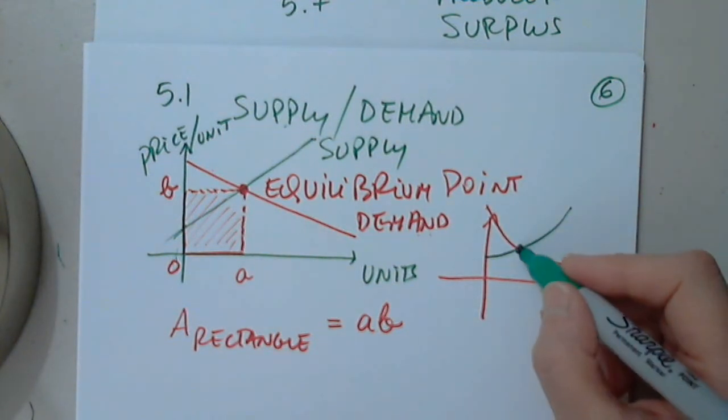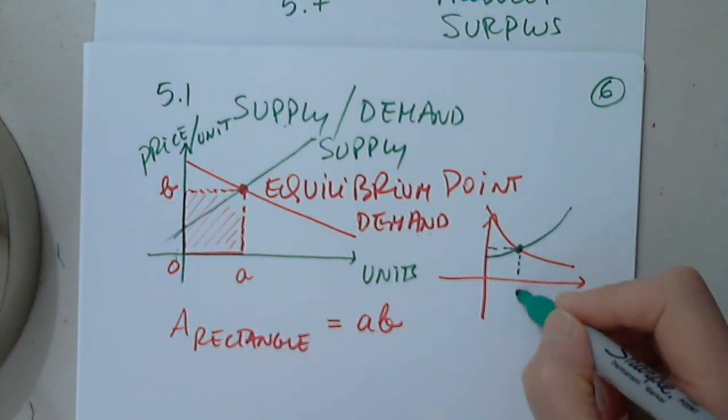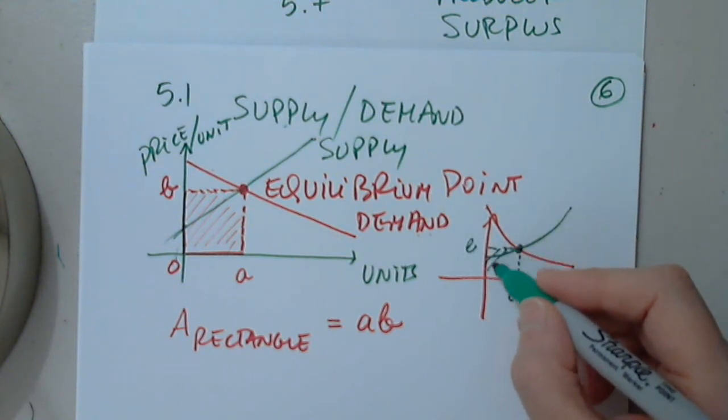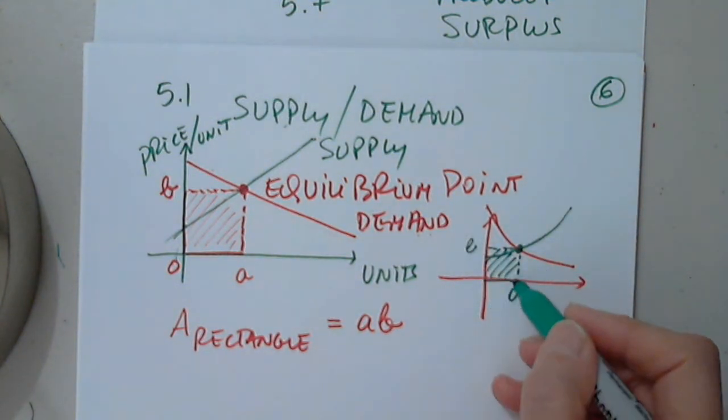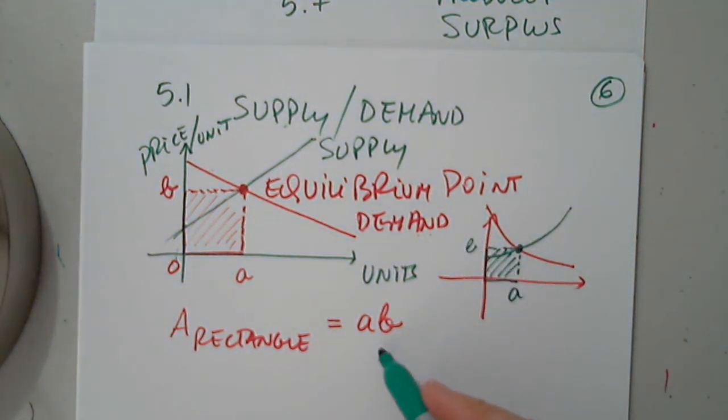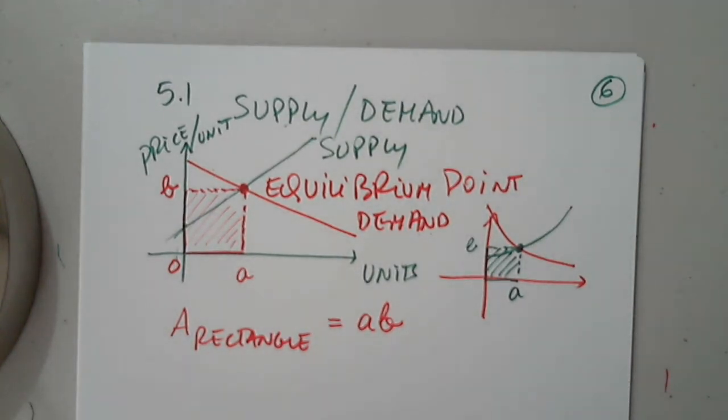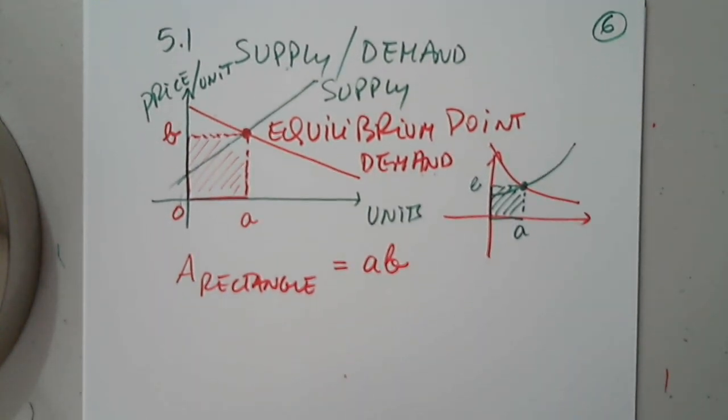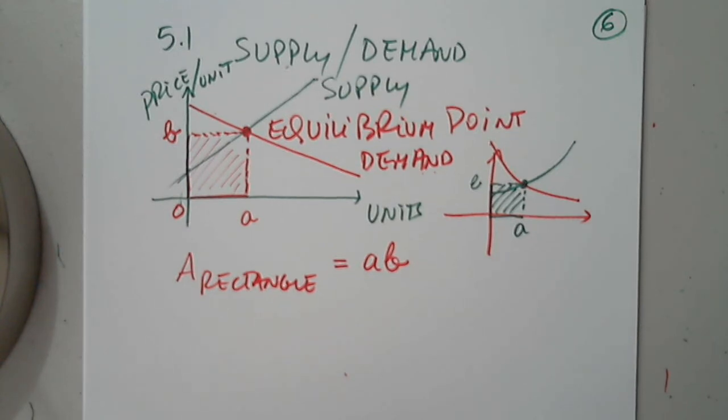For any point a comma b, the area of this rectangle is still base times height. Would you agree with that premise? Is that clear? Is that acceptable? Anyone?